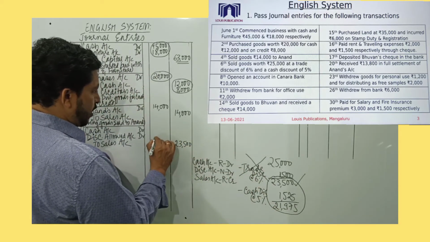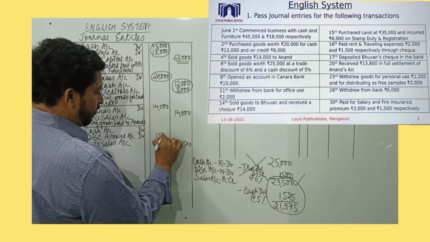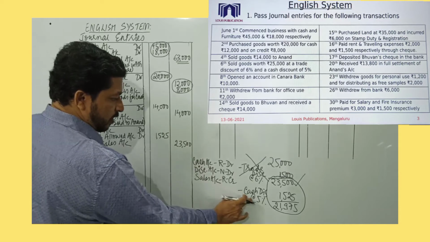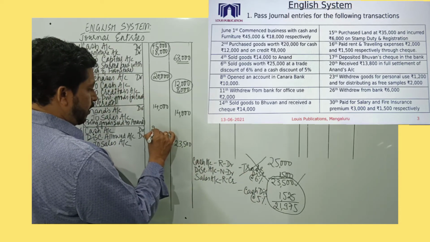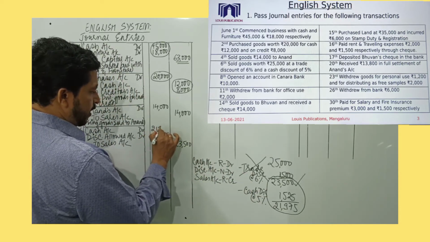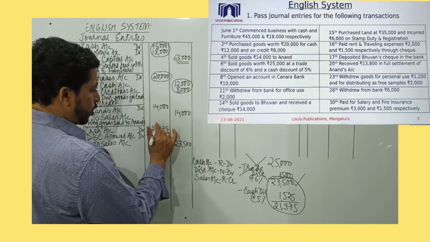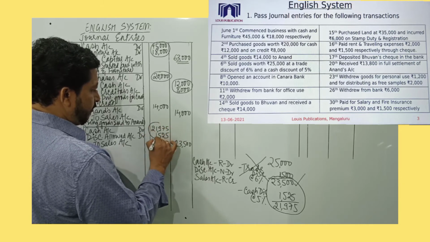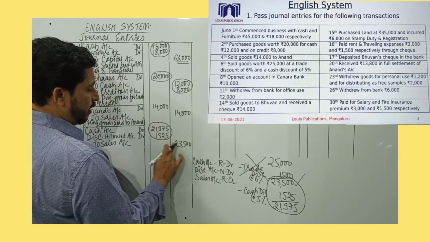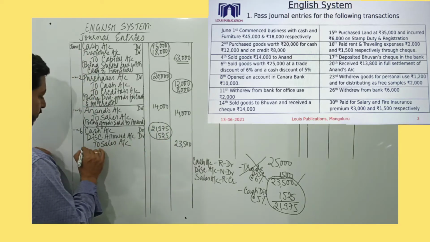Discount amount is 1,525. That is cash discount. And cash amount received will be 21,975. So when you total 21,975 plus 1,525 together, you will get 23,500.